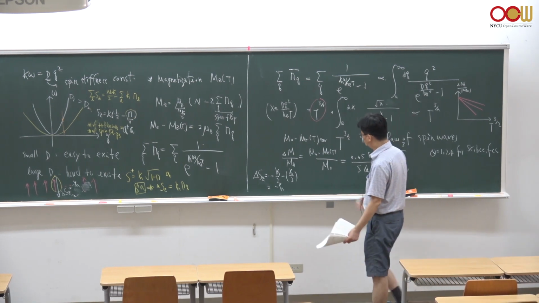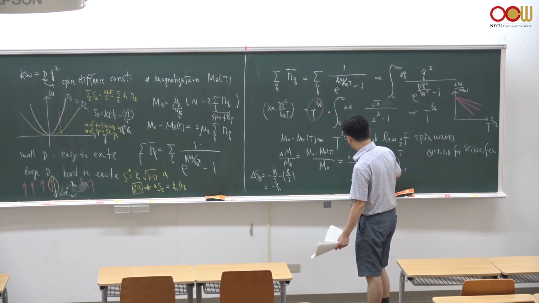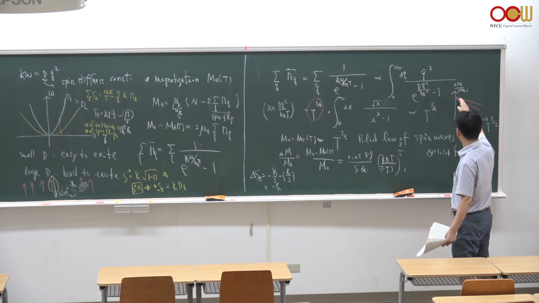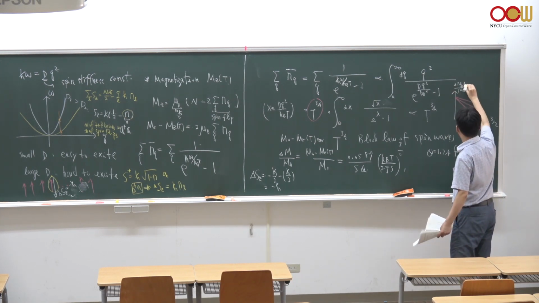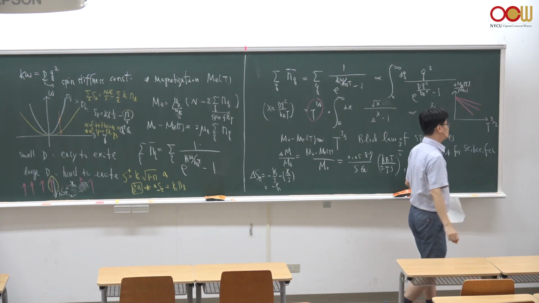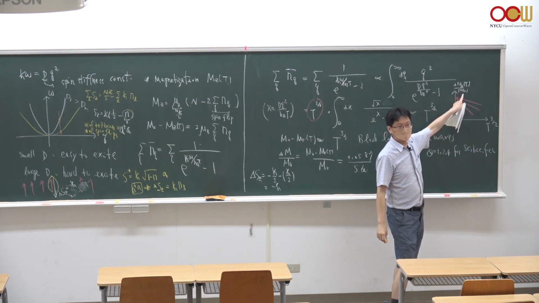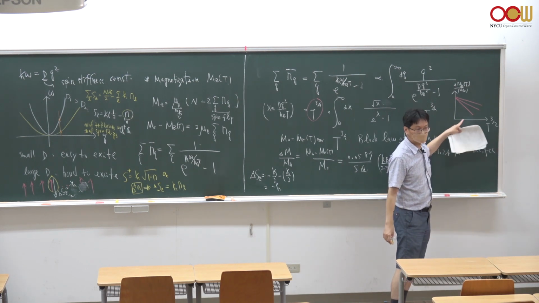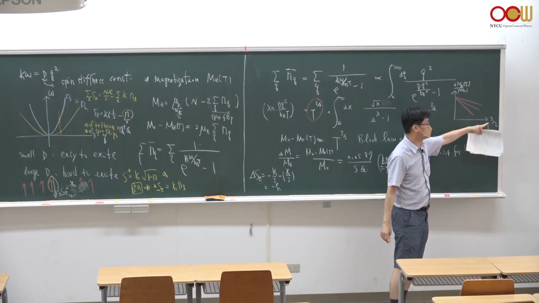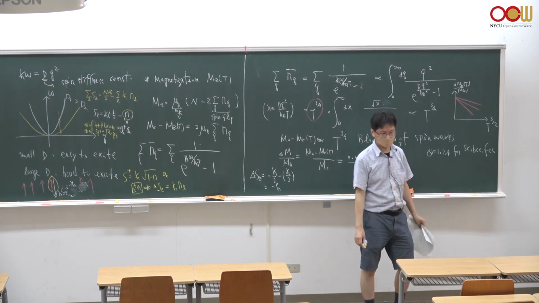And it is precisely the case in experiments that if you measure delta m z as a function of temperature divided by this maximum spin moment m0, and you make a plot against T to the power of 3/2, you get a straight line.